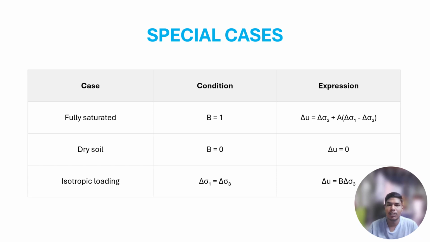Substituting 0 for B, the whole equation becomes 0. For isotropic loading, the difference between the two stresses becomes zero, that is, delta sigma 1 is equal to delta sigma 3. Here delta U is equal to B delta sigma 3.